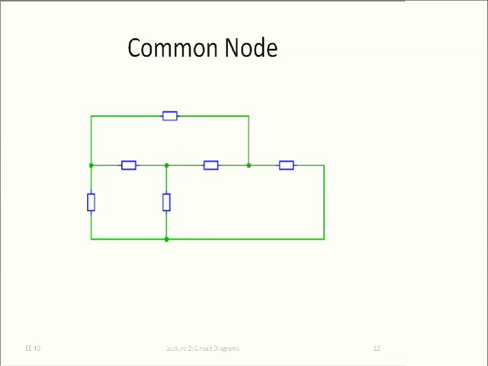Another way to do that is to say that somewhere in my circuit, at one node, any node I can pick, I just call the voltage 0. That's called the common node. So for example, this one, I call the voltage here 0. That's my reference. Then at any other node, I can simply say the voltage at this node here is, I call it VA. And it's a convention that what I really mean is the voltage between VA and here.